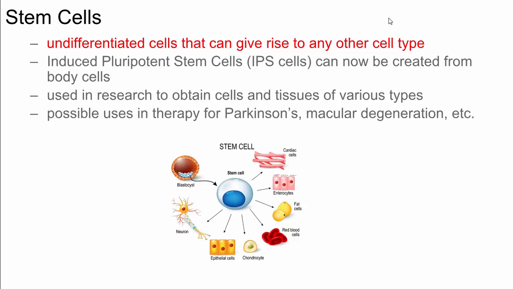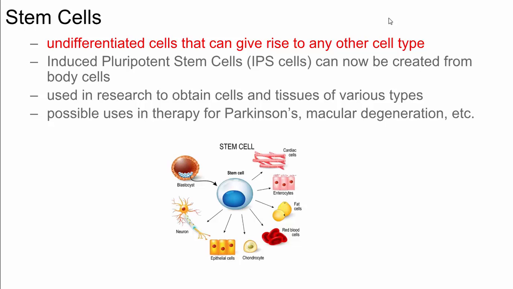Scientists have learned how to take a cell from a human or another animal and basically turn it into a stem cell. Often they do it with fat cells or skin cells, epithelial cells, and they know exactly how to turn the cell into a stem cell.